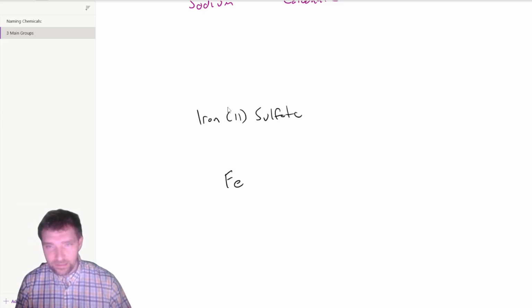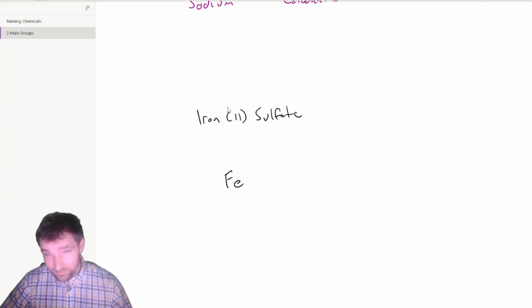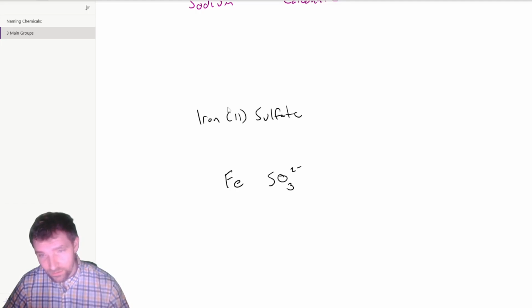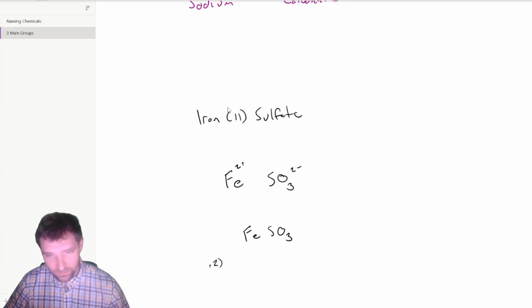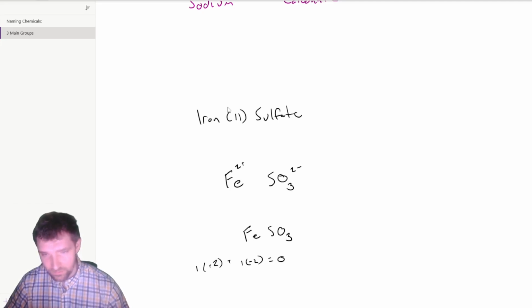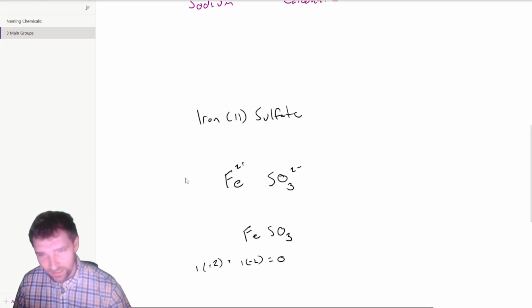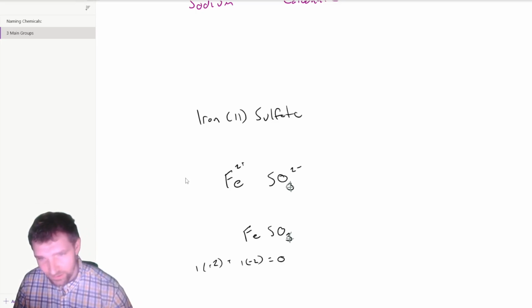So I've got iron, and then I believe this is SO3 2 minus, 2 plus. I believe this is going to be FeSO3, just kind of like that. And you can see that that's a +2 for the iron. There's only one of them. And a -2 for the sulfate. There's only one of them. And those should cancel out as is. Small error in here. Doesn't really affect it, but this should be SO4 2 minus.